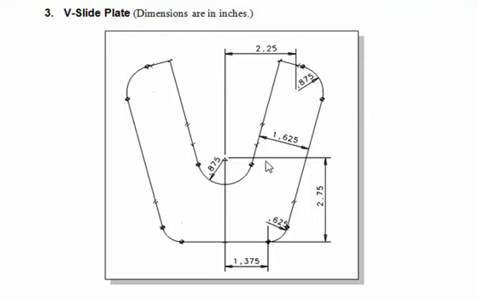For example, this line parallel to that line. This parallel relation can be established using the parametric sketching tools. Another example is this line tangent to this arc, and we can apply a tangent constraint on the two objects to assure the relation is maintained.